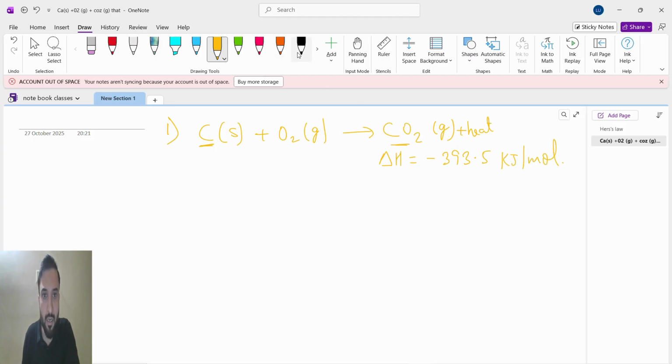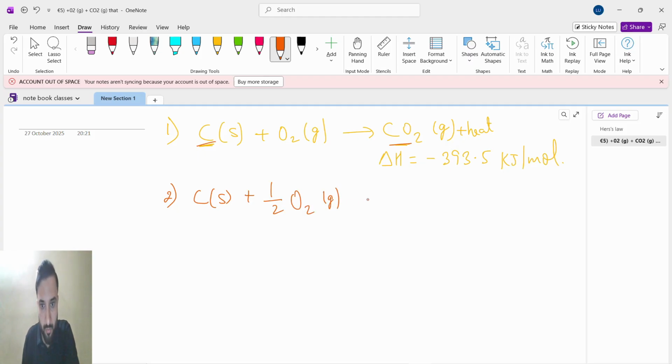Now I will take another example where, again, from carbon I have to make carbon dioxide, but this time not in one step, but in several steps. Carbon reacts with half O2 gas to give carbon monoxide in the gaseous form. For this, delta H is minus 110.5 kilojoule per mole.